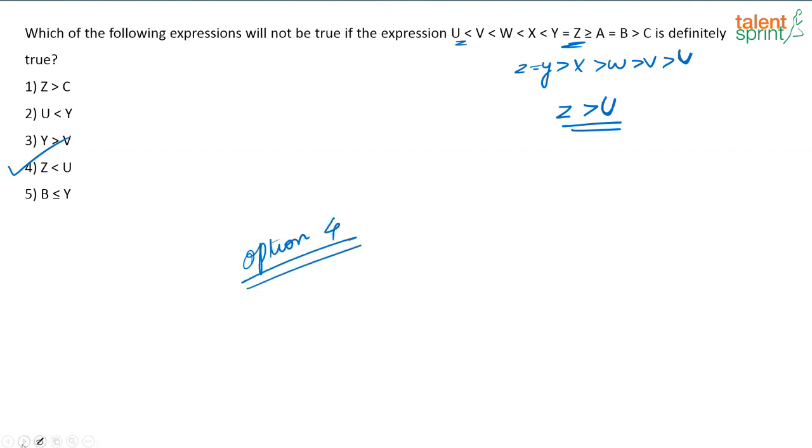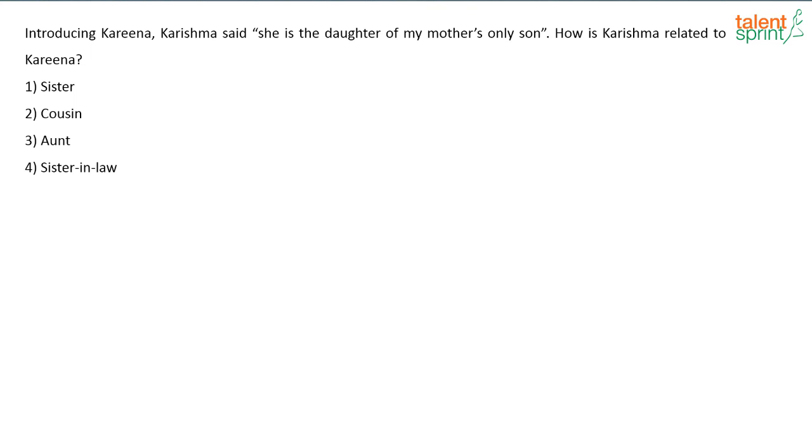Very good. Next. The next question is on blood relations. So try it. Introducing Karina, Karishma said, "She is the daughter of my mother's only son." How is Karishma related to Karina? See, you can solve this question without using the pen and the paper also. How? What is given? Introducing Karina, Karishma said, "She is the daughter of my mother's only son."